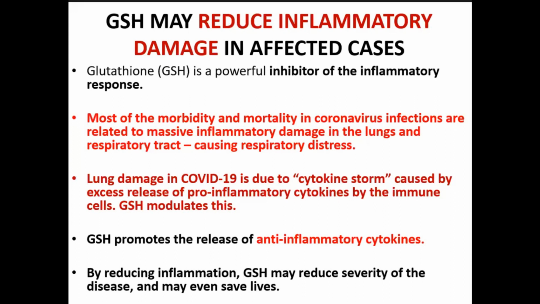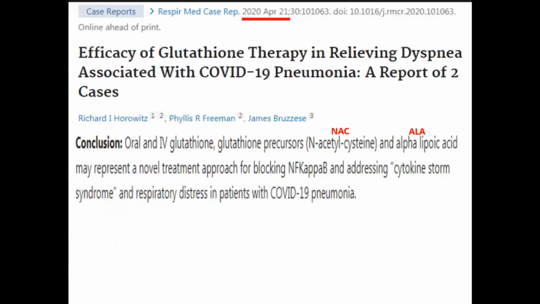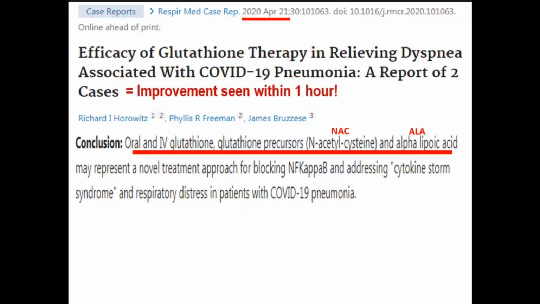So with that, those of us who know the science of glutathione were not surprised that very early in the story of COVID, in April 2020, just a few months in, there was a report on 2 cases where doctors in America tried to treat their COVID patients with glutathione, and they were able to achieve improvement within 1 hour, right?